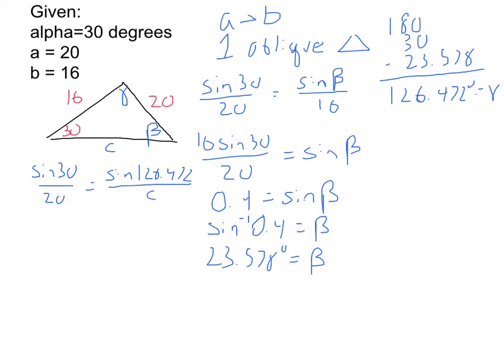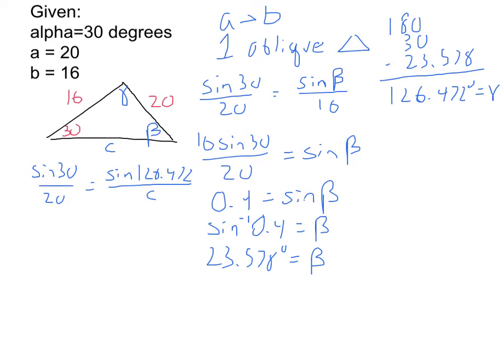Now, a very important thing to point out here. When I'm doing law of sines this time, my law of sines is using one angle, one side, and another angle. I don't have to worry about another triangle.